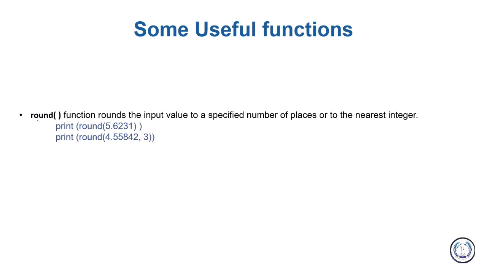For example, the round function. If you give round, let's say, 4.6. This 4.6 is a floating point number, and rounding means make it an integer. What round does is it finds the nearest integer to 4.6.